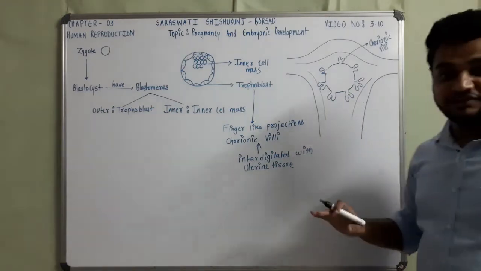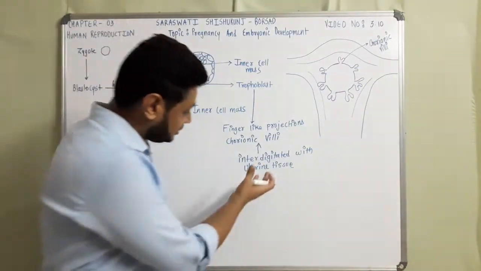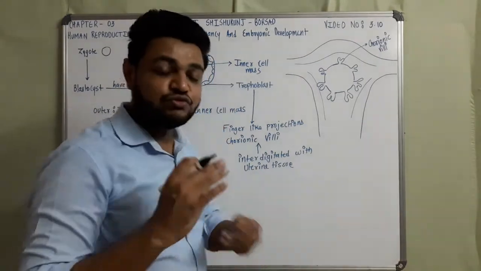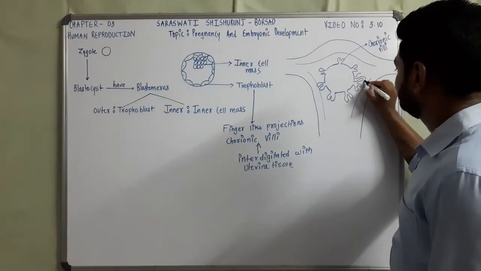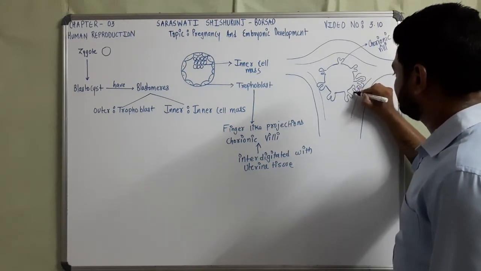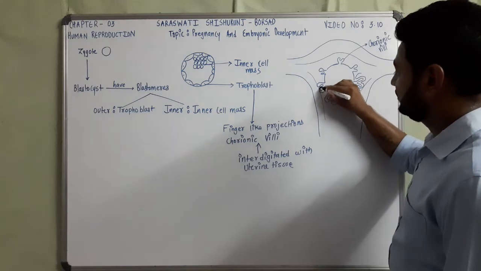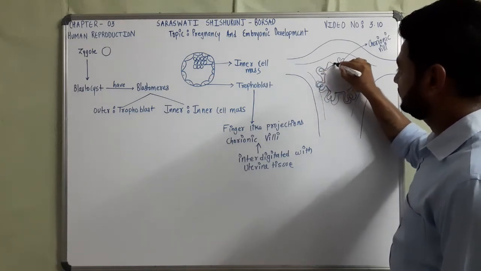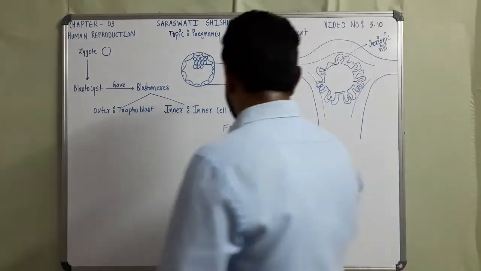Trophoblast is coming from the division of the zygote, and the other tissue is of the mother, that is uterine tissue. When both interdigitate like this, this is the interdigitation of maternal tissue, right? So this forms a structure called placenta.